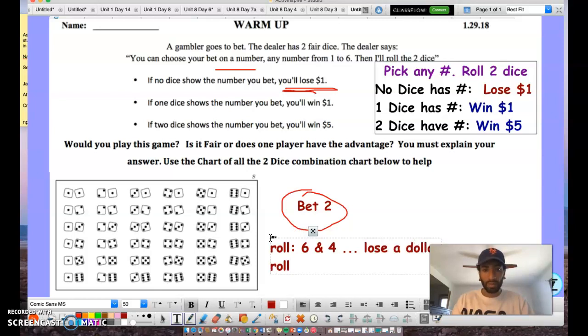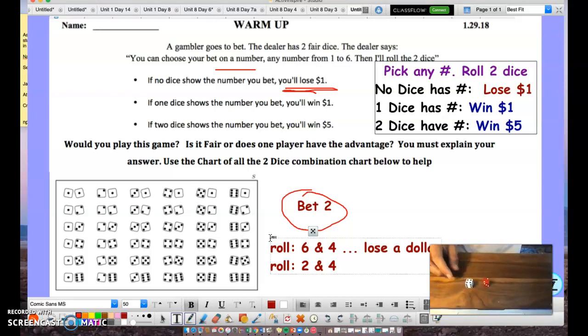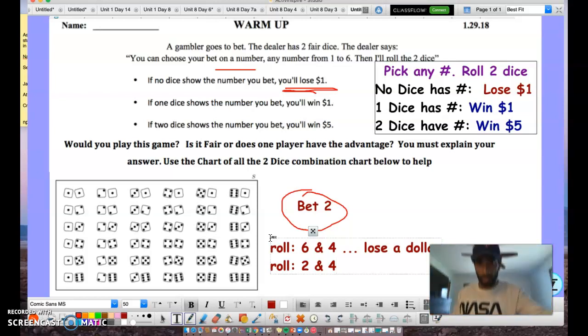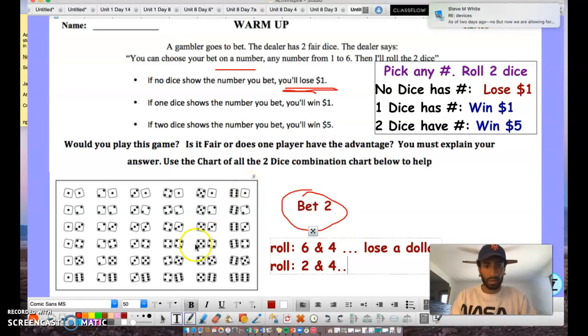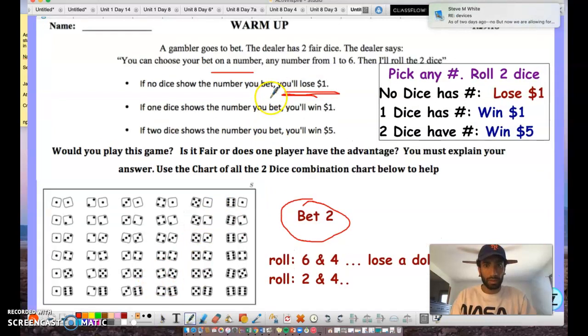Okay, now let's just say my roll was 2 and 4. So now this time I roll a 2 and a 4, right? Then, since one of my numbers was a 2, and that was my betting number, I will win $1.